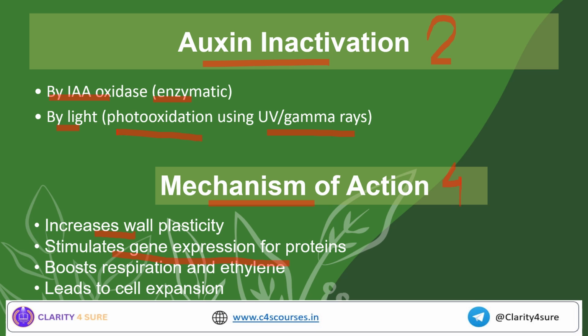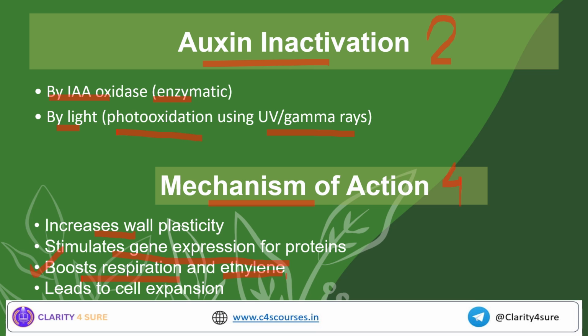Okay. Next, auxin boosts respiration and ethylene. As we have discussed earlier, boost in respiration happens like this: with the increase in cells, the cells will have an increased amount of respiration. They will support more energy production in them. So that's how auxin helps in boosting respiration.